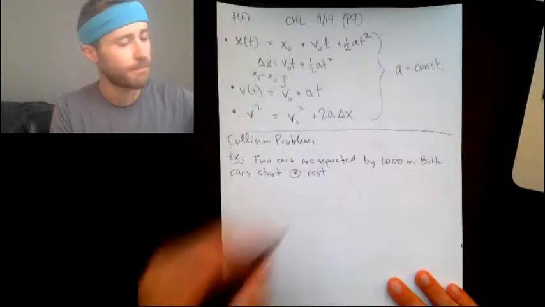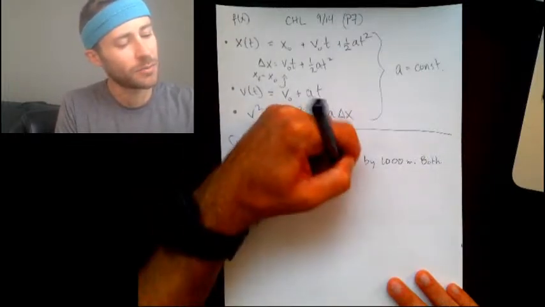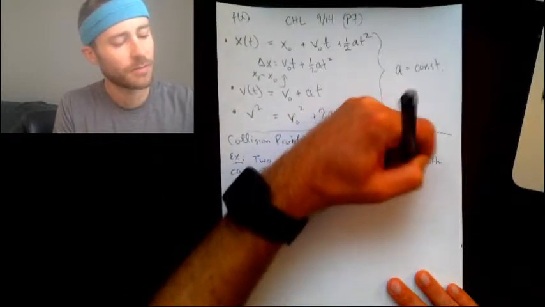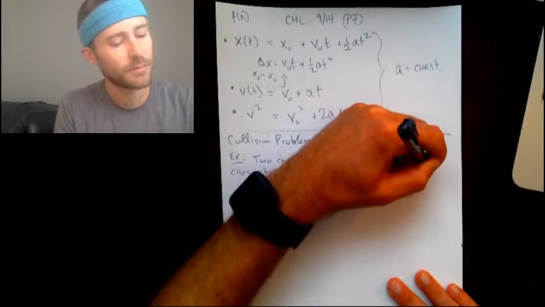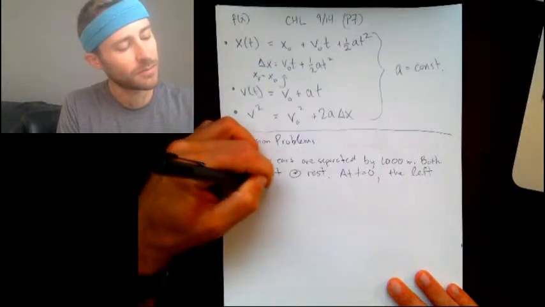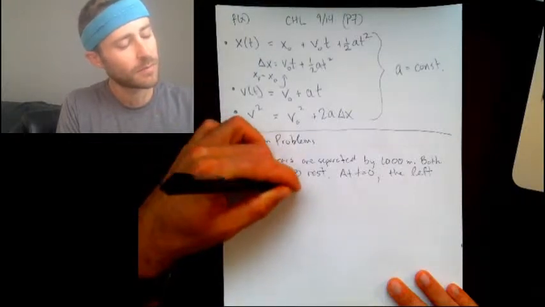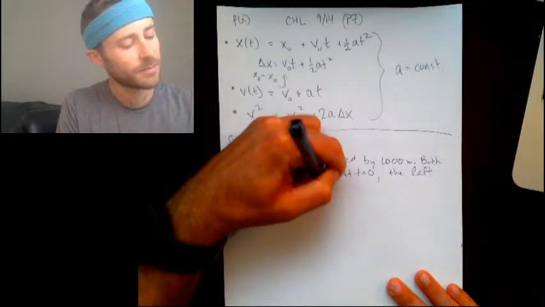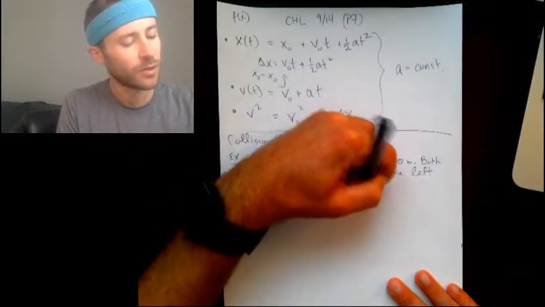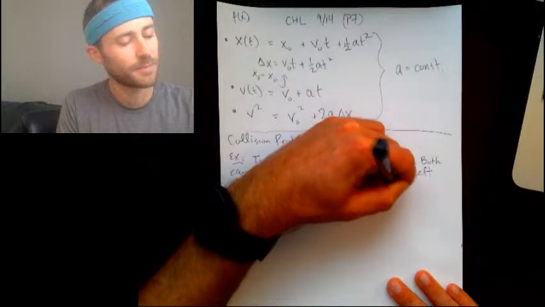All right. At time 0, the left car accelerates right at 14 meters per second squared.